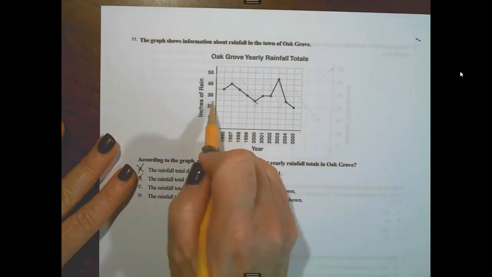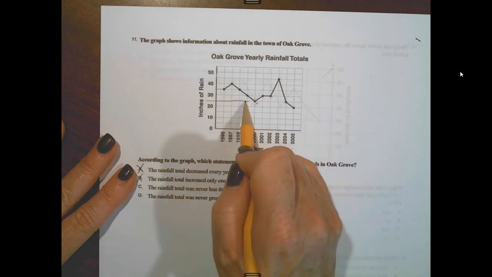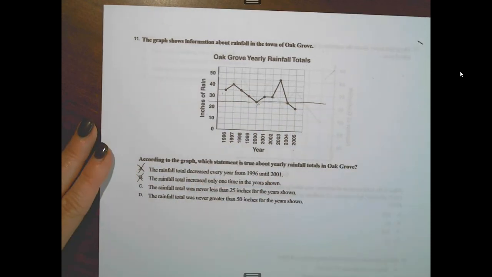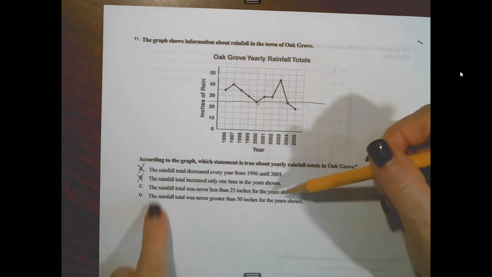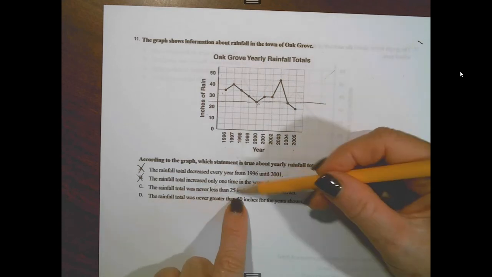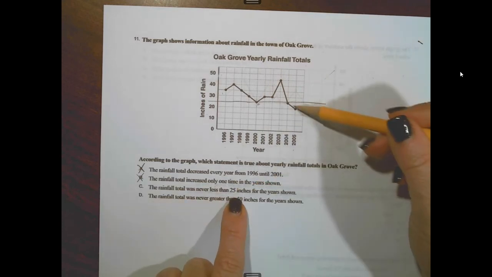So here is the 20, let's see, 20 and 30. So 25 is right here. Well, I can already tell you that that's false because it says that it never went less than 25 inches, and it did right here.